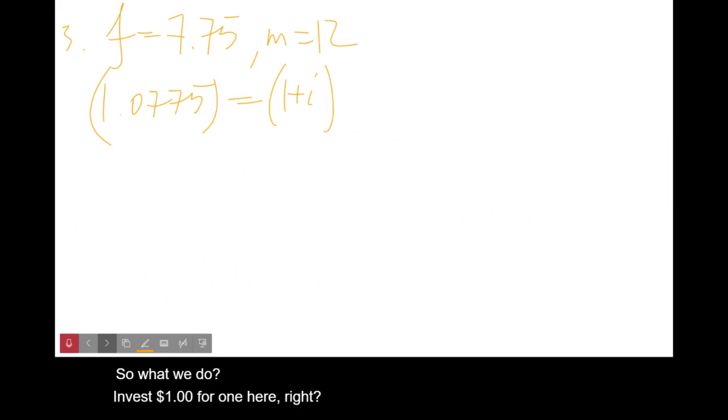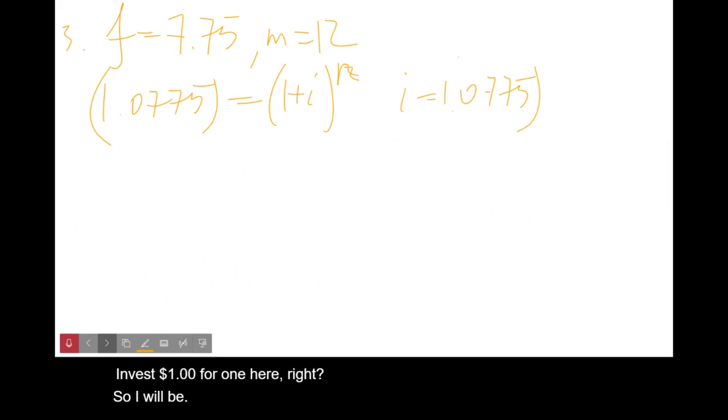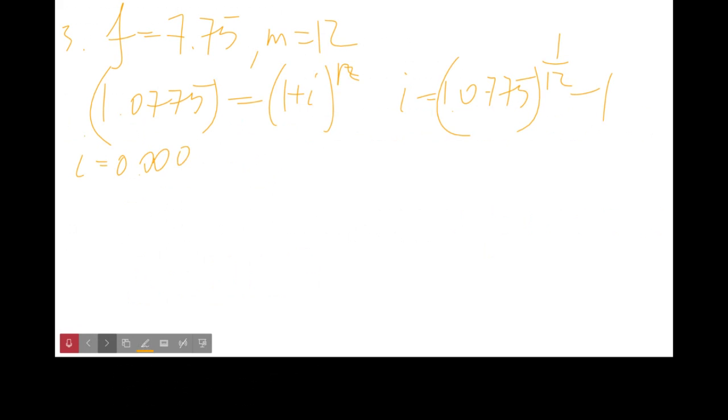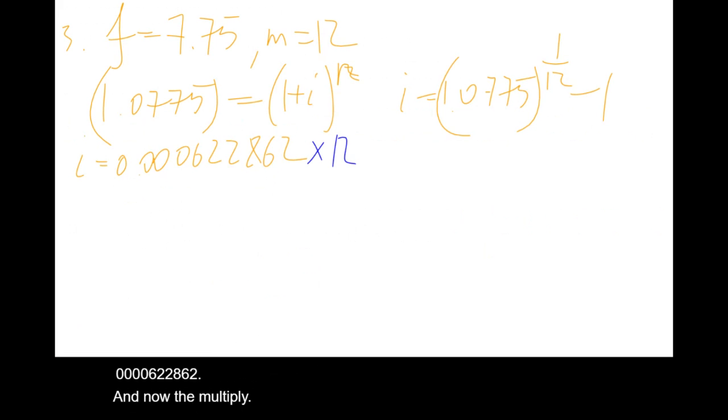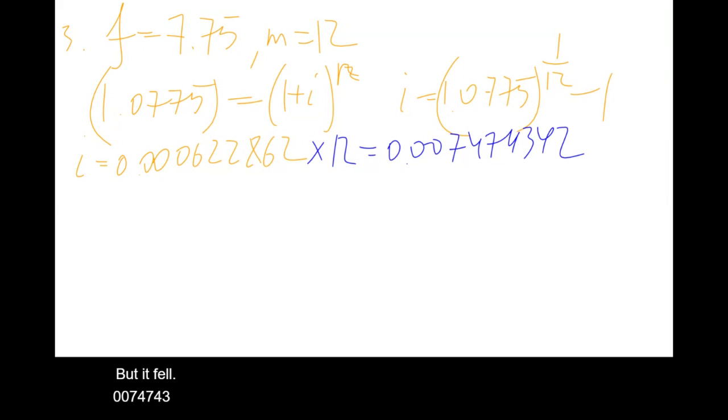It will be like that: 0.0062286, and now we multiply by 12: 0.0747432.